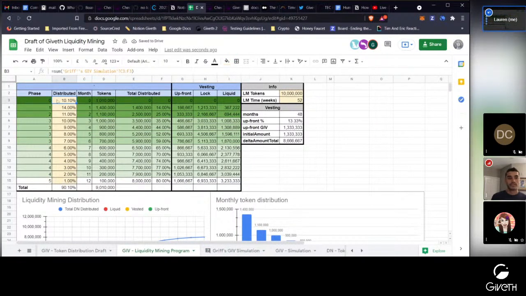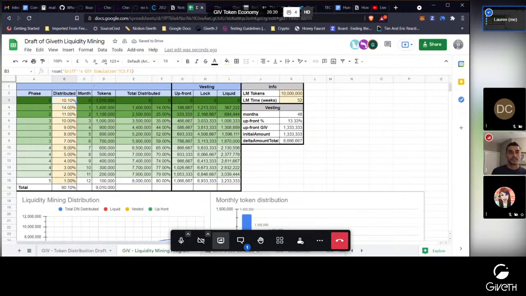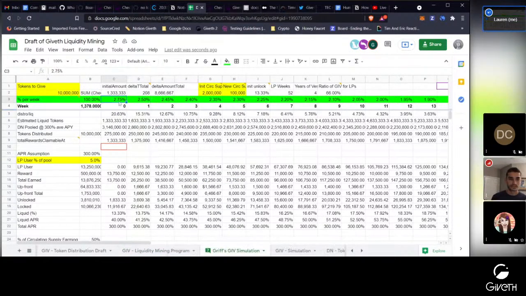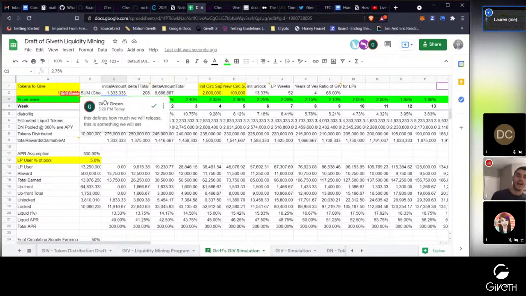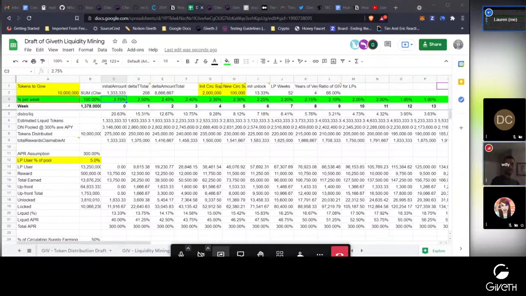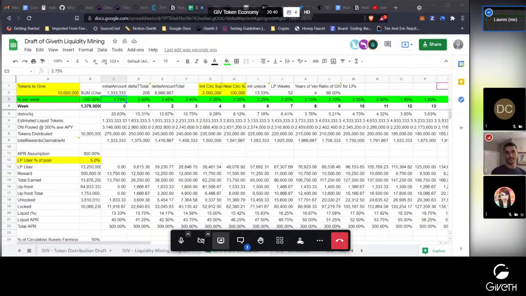Now if we change it here, then it gets changed over there. We can basically say how much we want to release every week. It should probably just be the same every week. We don't have to make it more complicated, but the spreadsheet gives us the power to be complicated if we want it to be.